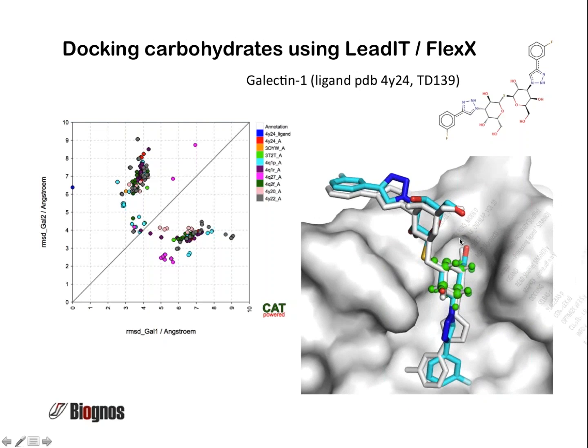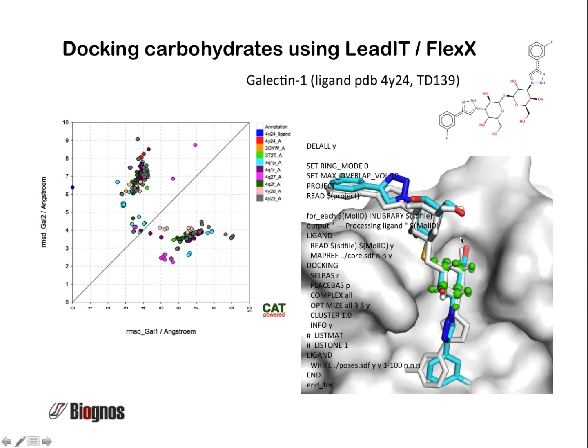In this case, the key is this. FlexX offers the possibility to use a reference template, and we can have this command map ref in the batch script that runs the FlexX docking.